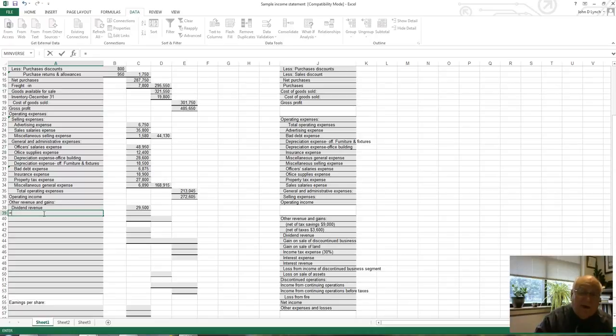You could also have interest revenue, and that would be notes receivables that you may have with somebody, or CDs, or that type of thing. And you also have any gain on the sale of assets in here. In this case, I have gain on sale of land, and that one is for $29,500.